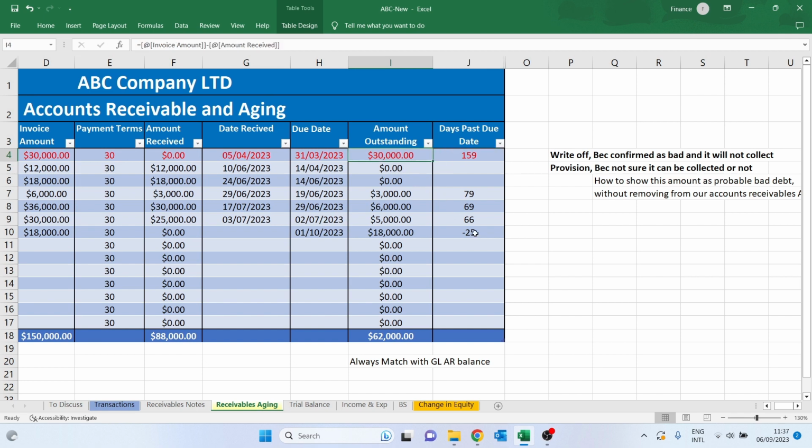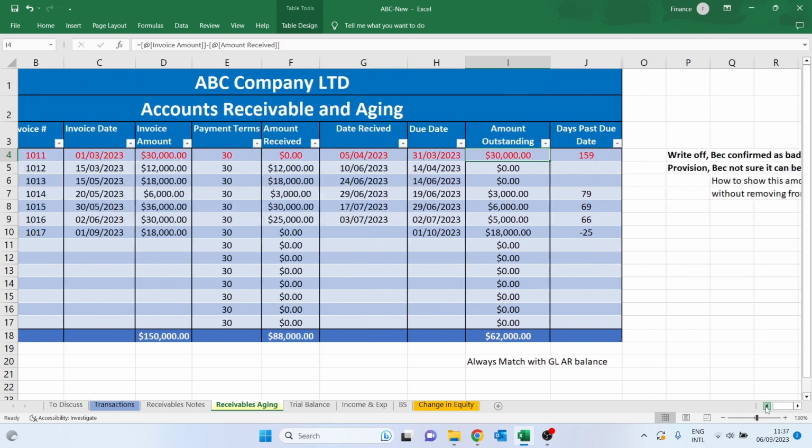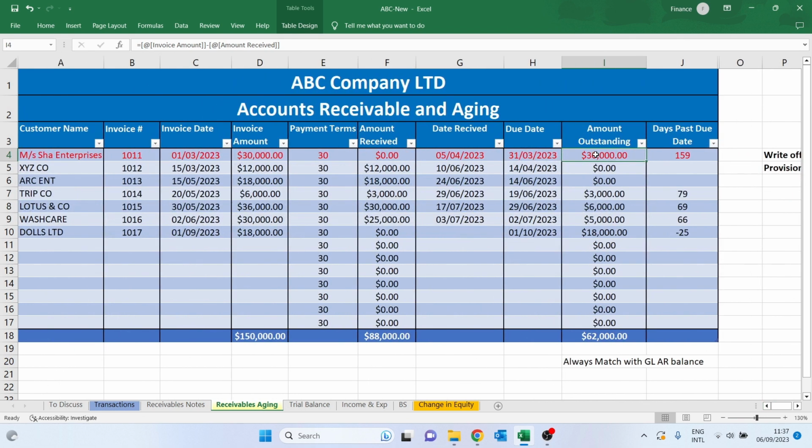So we need to identify that, and if it is a confirmed bad debt, this is a loss for us. If it is a confirmed bad debt, it is a loss. So that means this amount has to be written off fully. Okay.